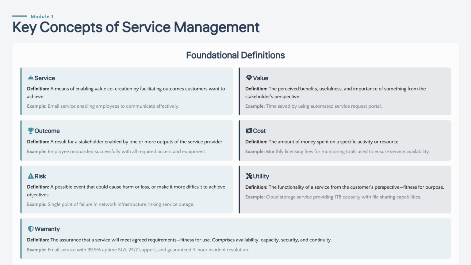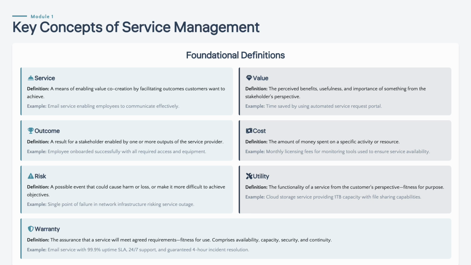Utility is basically the functionality of the service. In simple words, utility answers the question: does the service meet the customer's needs? For example, think about an internet connection service. Utility means you can browse websites, attend meetings, send emails, and download files. If you cannot access the internet, the utility is missing.